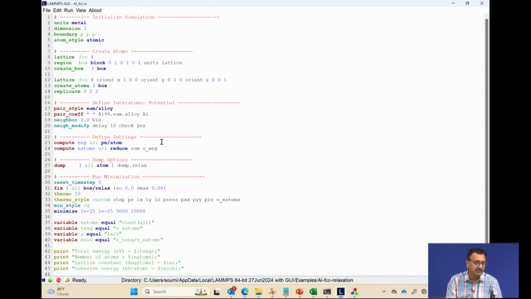And then LAMMPS has the flexibility of defining variables and computing them every step. So what is this delay time? Oh, delay. That is how often you want to update your neighbor list. In this case, every 10 time steps. And what does that 2 signify there? The 2 is what's called the skin thickness.